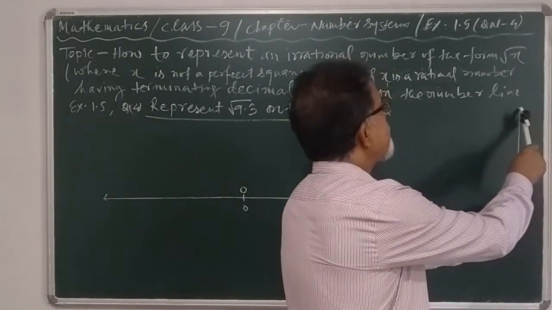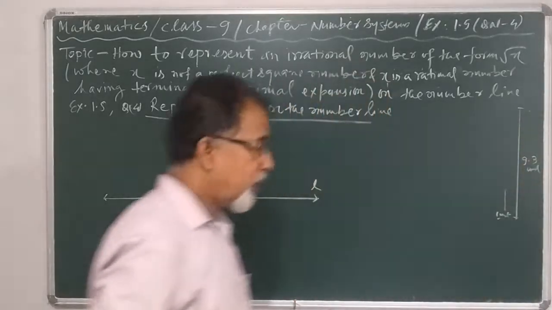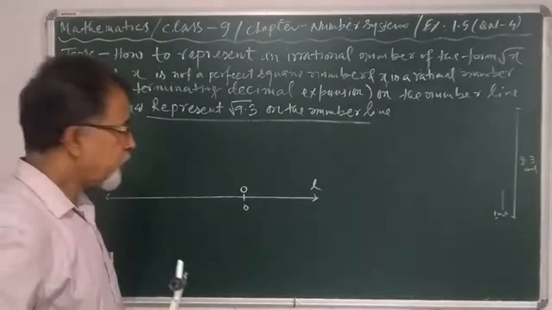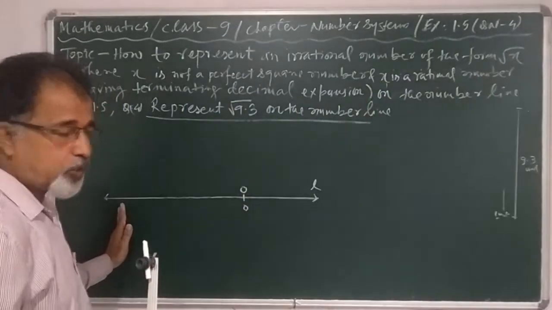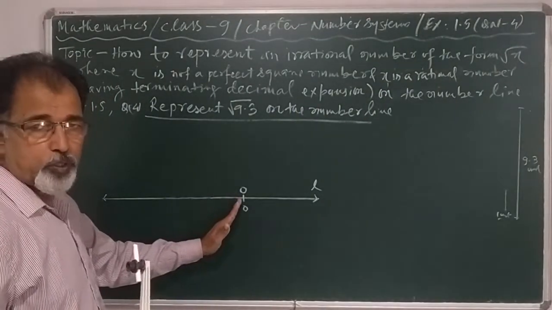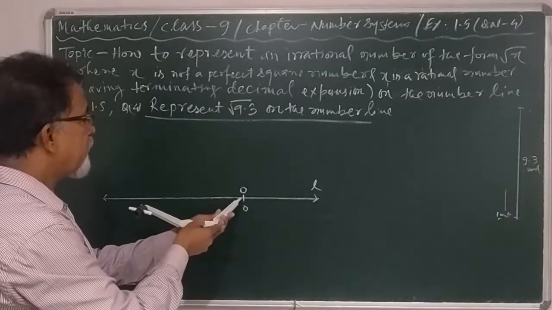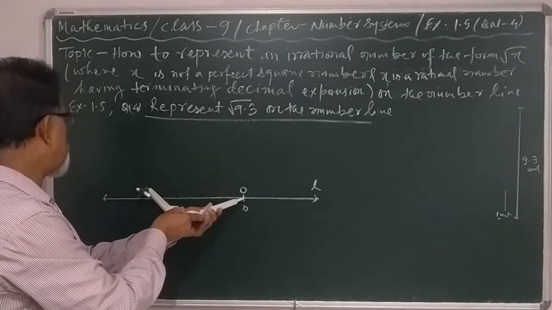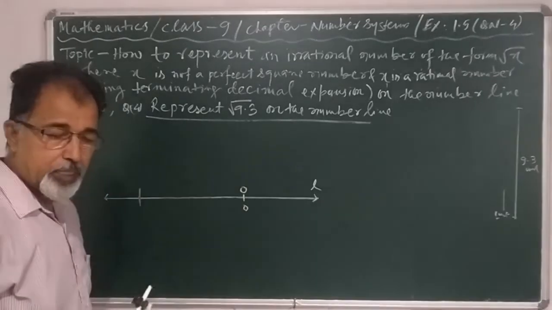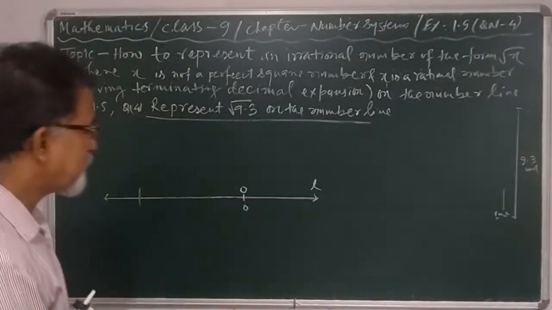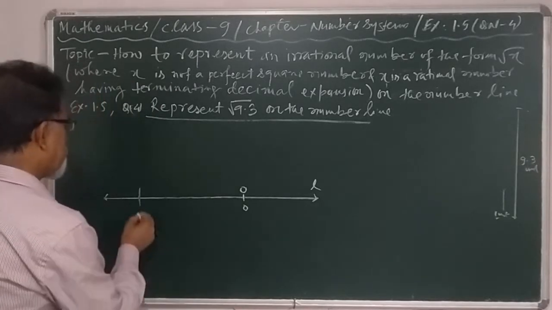Using compass, I am going to take a point on the left side of the point O, which is equal to 9.3 units.